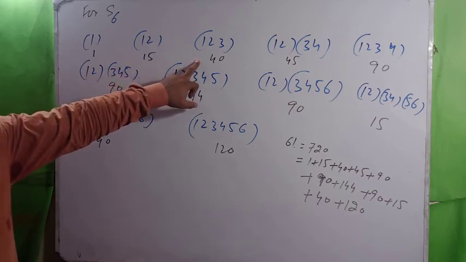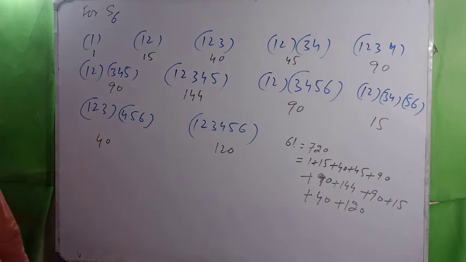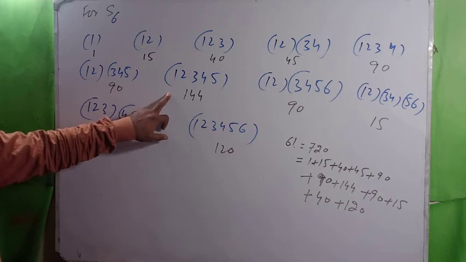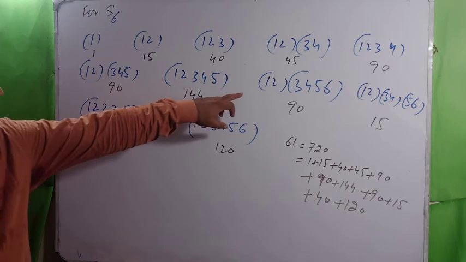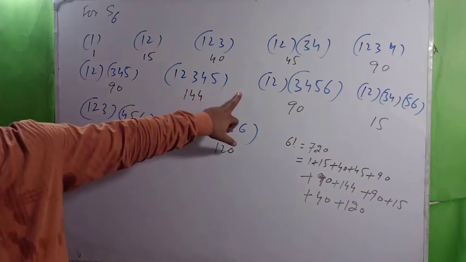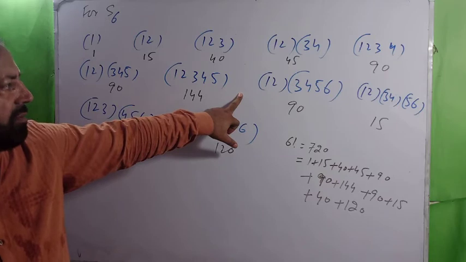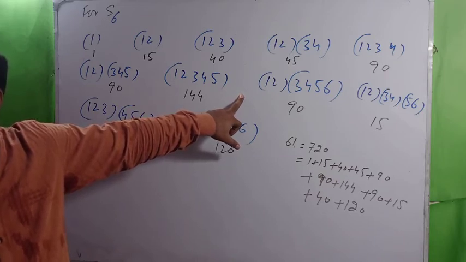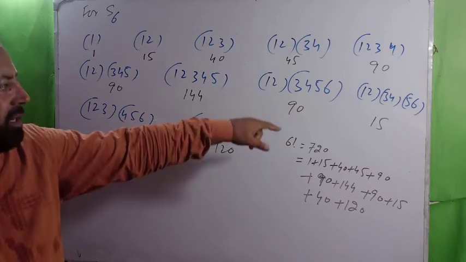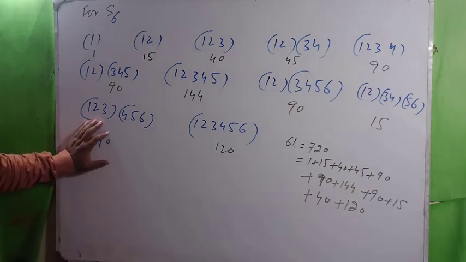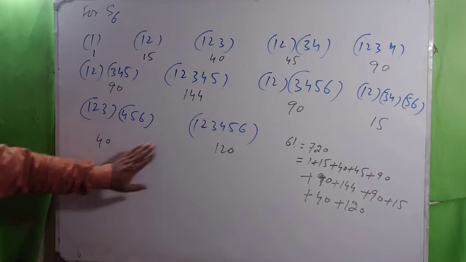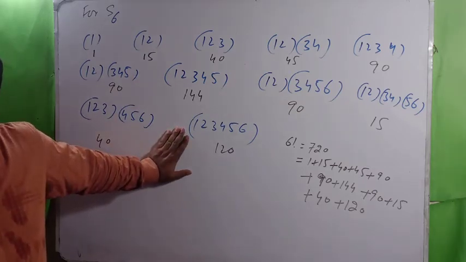Then you have 45, yes. And you have 90 elements. Then 144, yes. Then 90, and 15, and then 40 elements, and 120 elements.